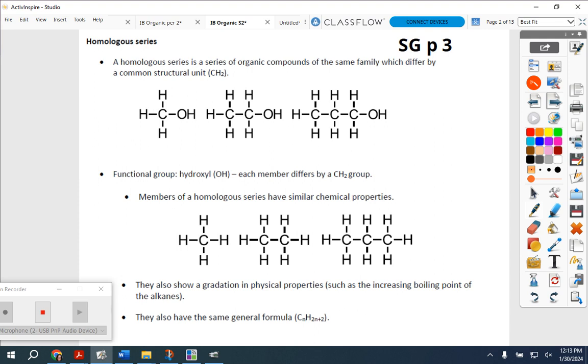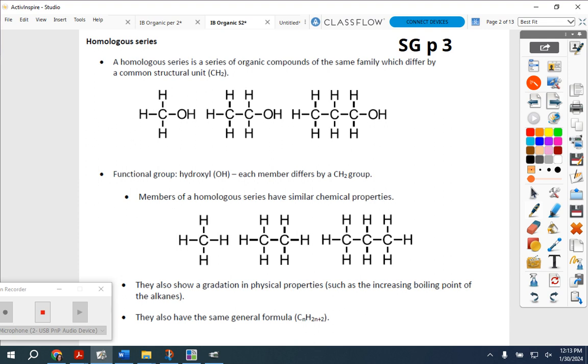We'll talk about secondary, tertiary, stuff like that a little bit later. But it's a very common thing to use because the homologous series makes for a nice independent variable: how many carbons are in the chain and how does that affect your property of interest. So that's always a possibility if you are interested in doing a database IA.